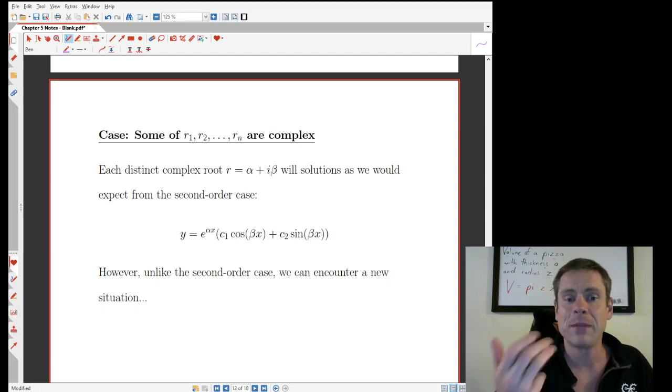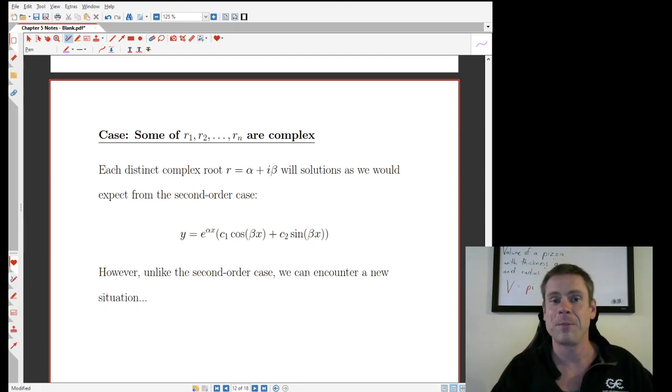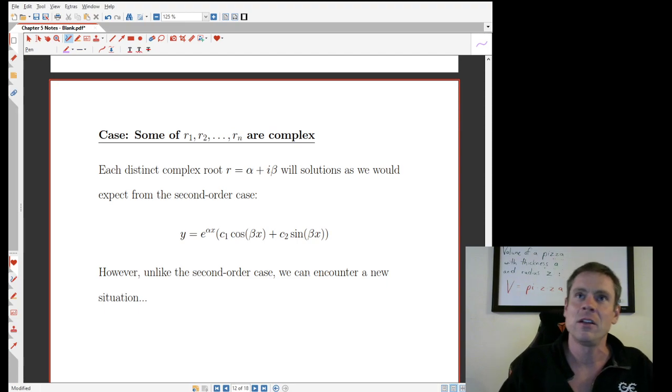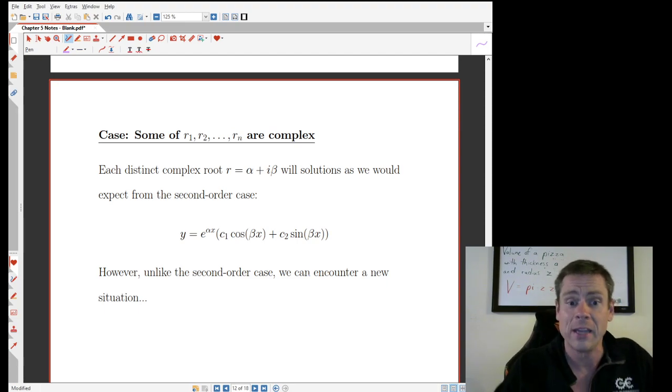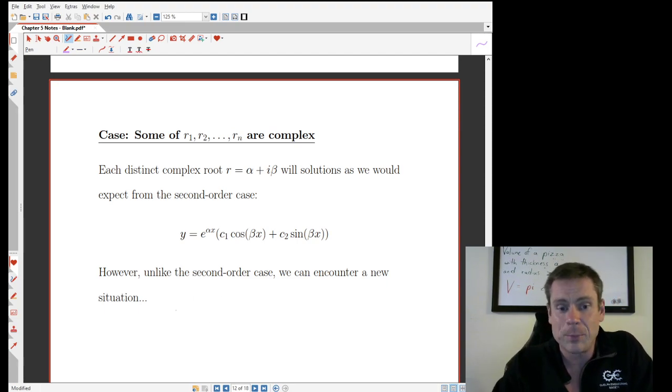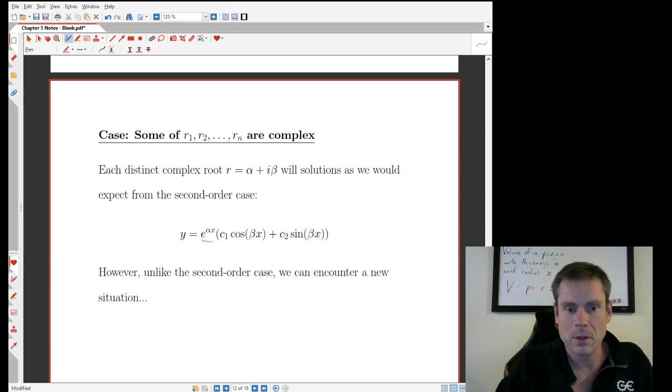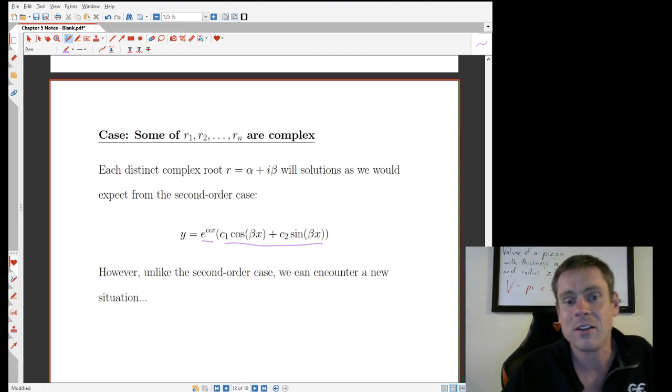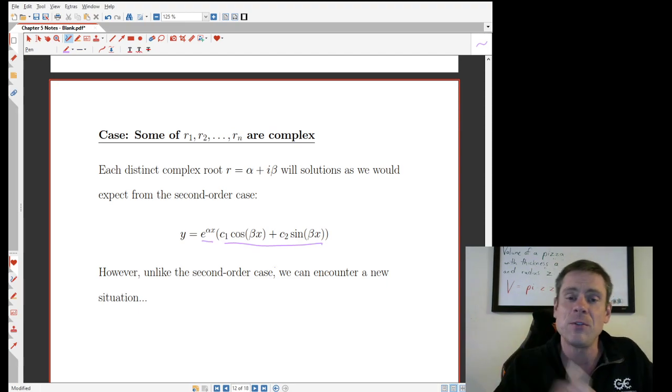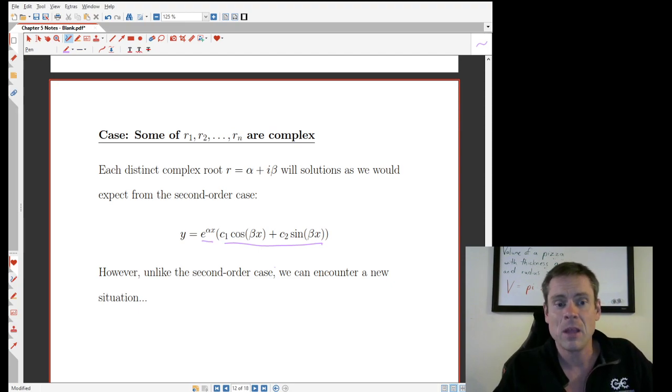So for every complex pair you get, you're going to get something like that last case that we covered in lecture number 20. And that is an exponential times a cosine and a sine function, where the alpha and the beta are the real and the imaginary parts. So that should be really familiar, especially if you've practiced a little bit with these already.